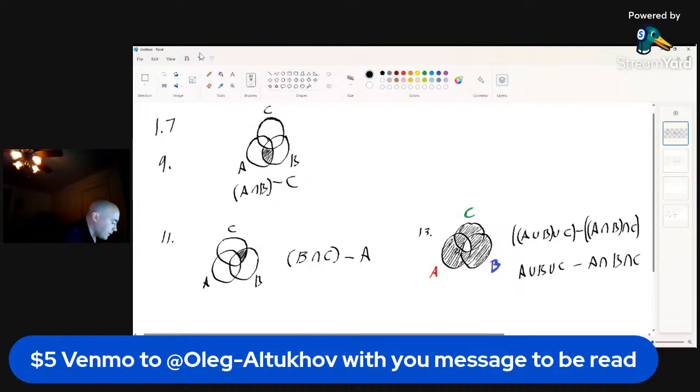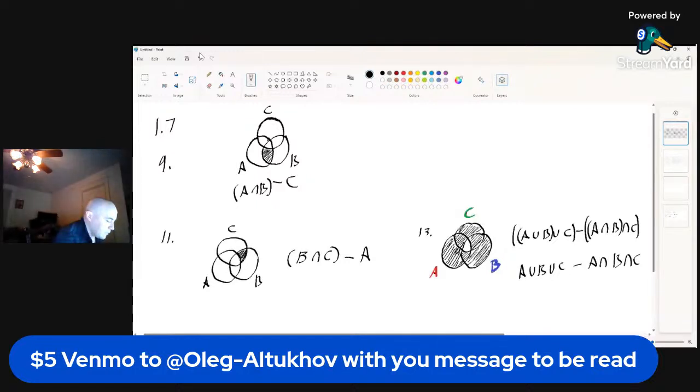The fact that the diagrams are different indicates that A union B intersection C is not equal to A union B intersection C. Well, yeah, if you have intersections going on in general.